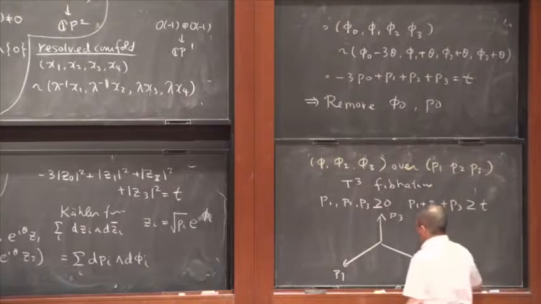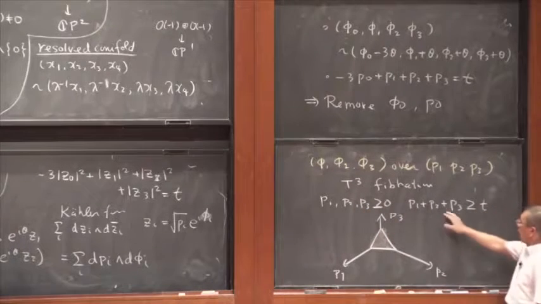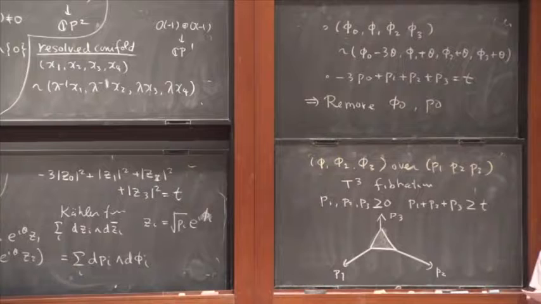But then I have to remove the corner, because I require that the sum should be greater than T.